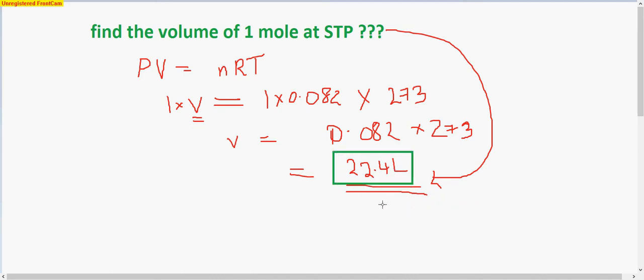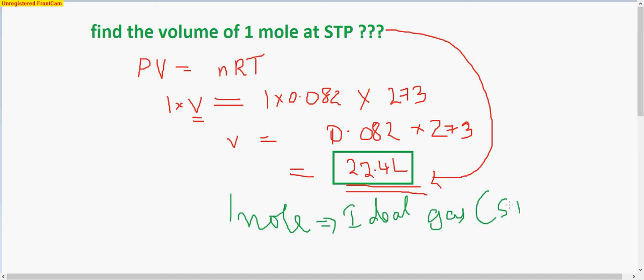Whatever ideal gas it may be, if we take 1 mole of ideal gas at STP, we get the volume as 22.4 liters, right?